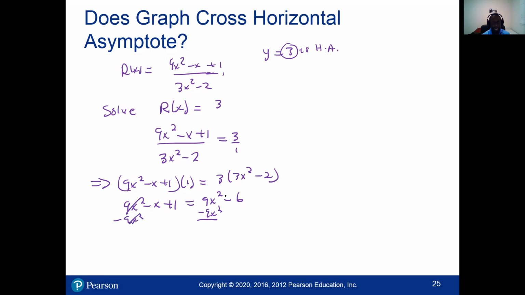If you subtract 9x squared from both sides, this will cancel out. So you only have minus x plus 1 is equal to negative 6. So minus x is equal to negative 6 minus 1, which is negative 7.